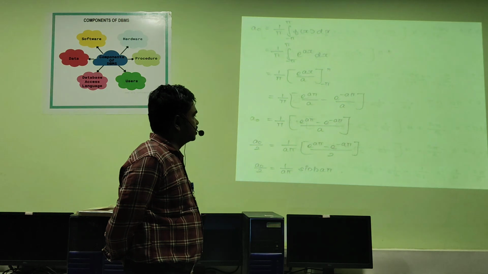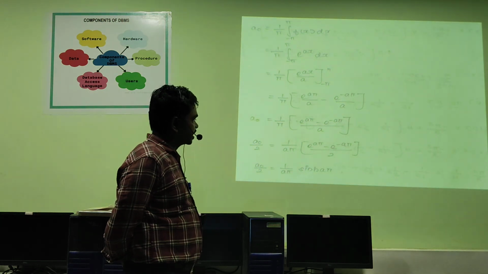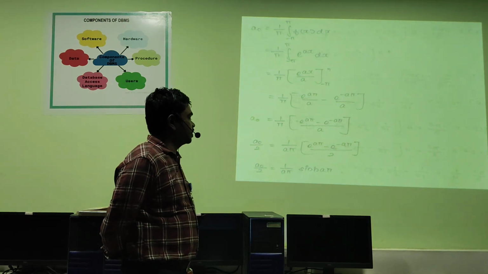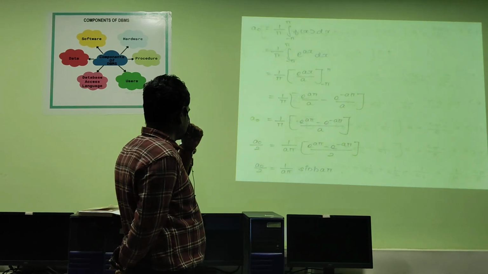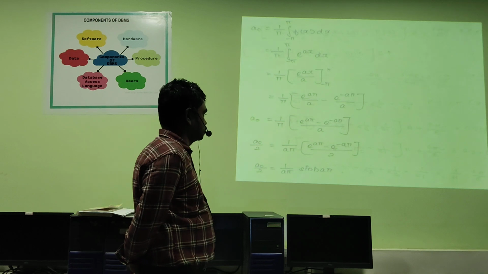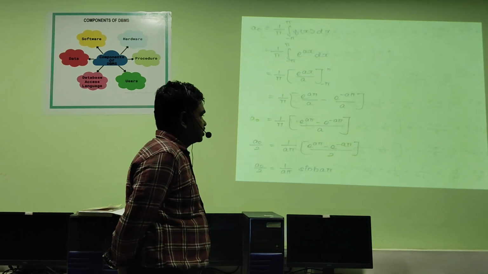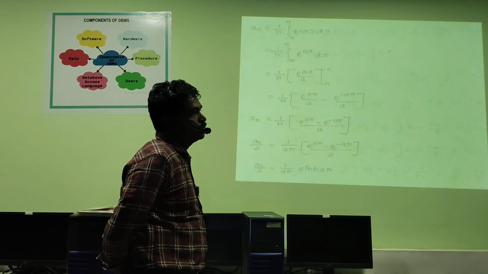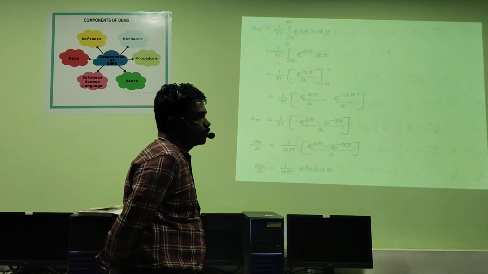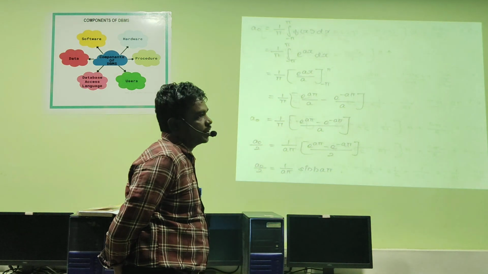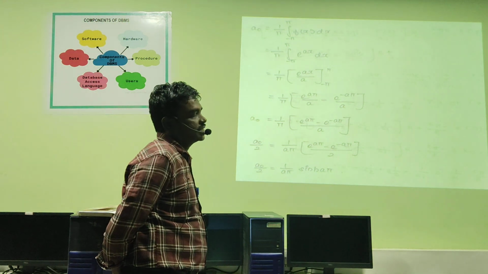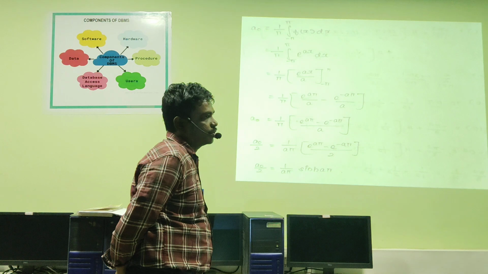So for a0 by 2, we take 2 outside. Therefore a0 by 2 equals 1 by a pi times e power a pi minus e power minus a pi by 2. Generally this is the formula for sin hyperbolic x. What is sin hyperbolic x? e power x minus e power minus x by 2 is sin hyperbolic x.